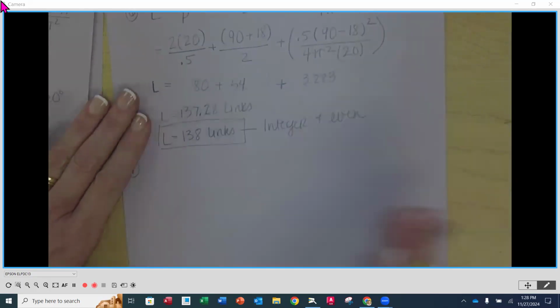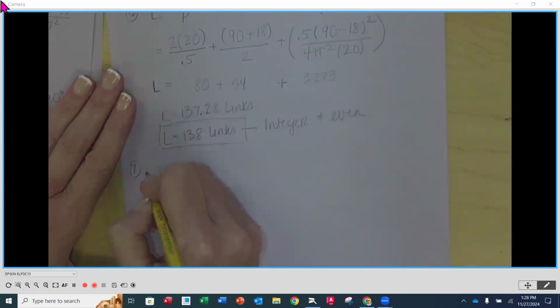Okay, so again, make sure that you write your equation in variable form first.